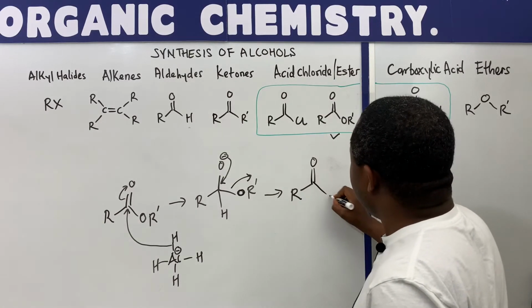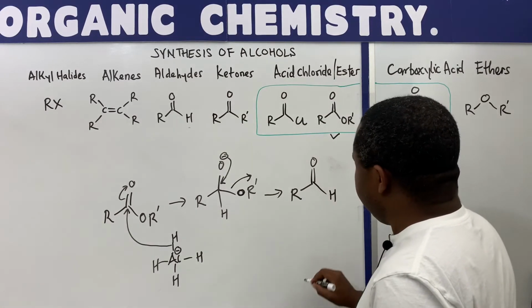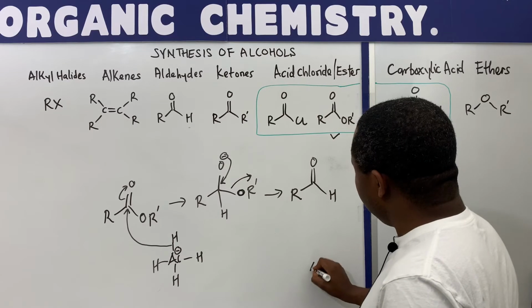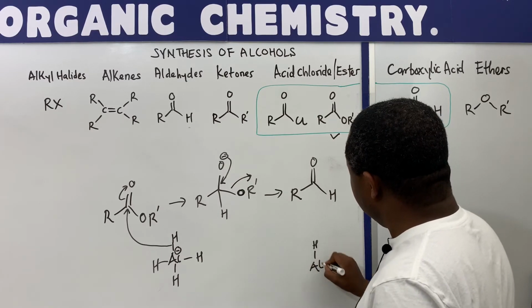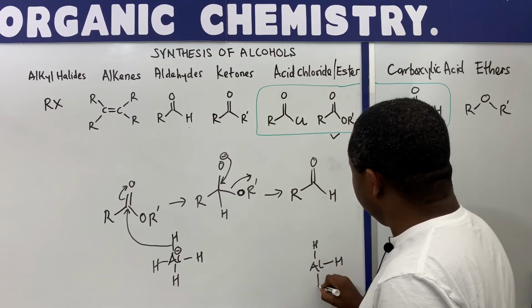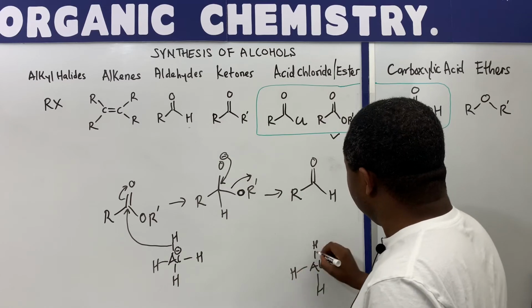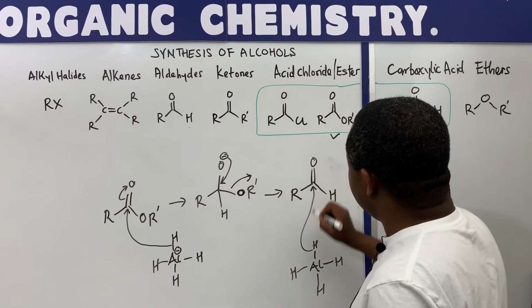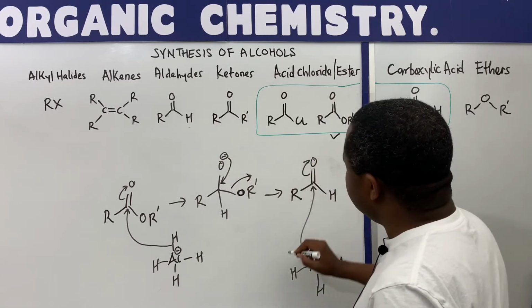We're going to have an aldehyde, and then the second mole of the lithium aluminum hydride is going to do another nucleophilic attack on the resulting aldehyde, so that we generate an alkoxide.